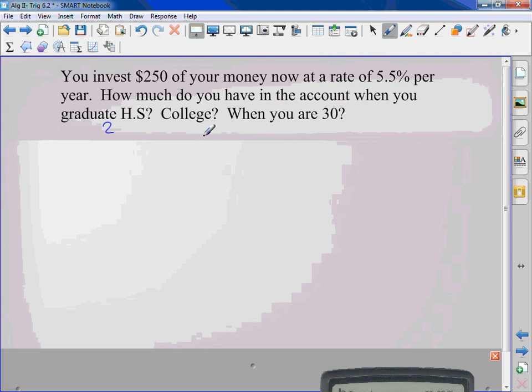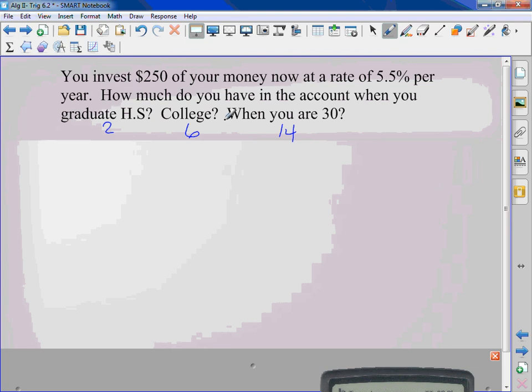Well, 4 years, so it's going to be 6 years till you graduate college. On average, how many years is it going to be until you're 30? 14. It's not everyone. It's 14, 15, 13. I'll just take the middle, 14 and a half.